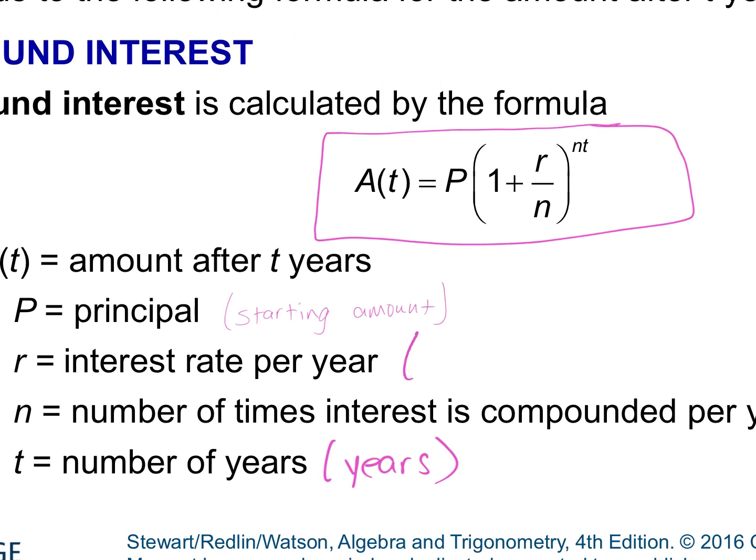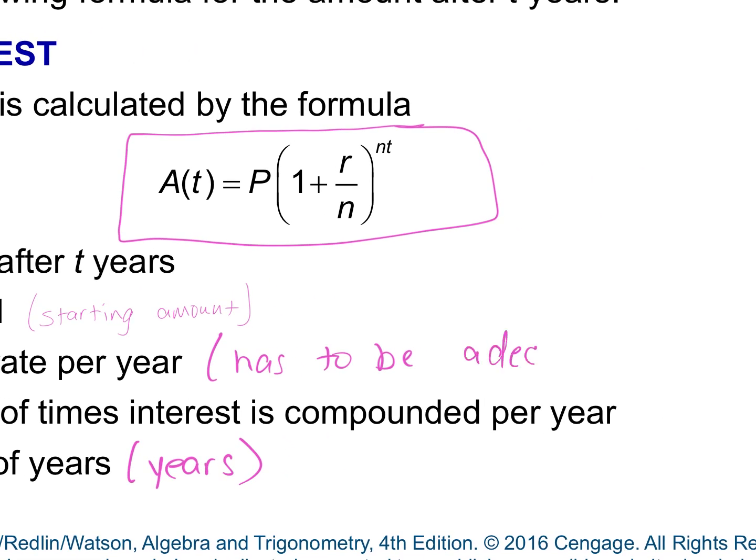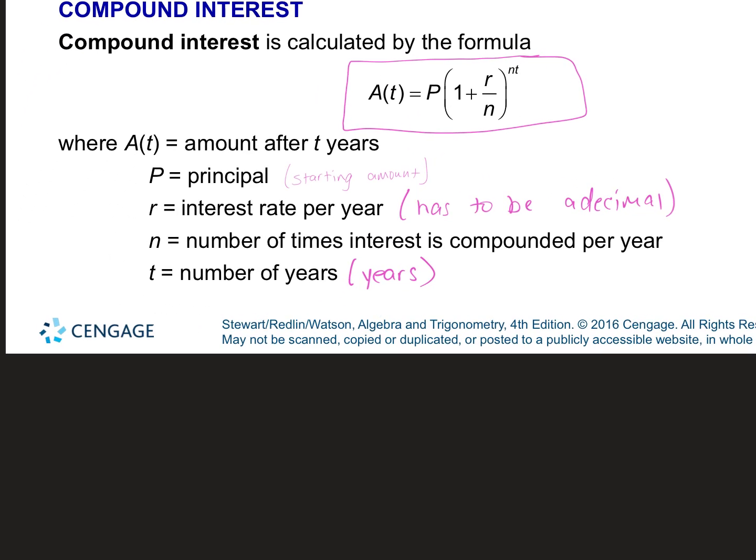They're going to tell you an interest rate, but it has to be a decimal. I'll explain that in a second. And then N is the number or how the interest is compounded, okay? This is going to be a big thing for you guys to pay attention to.